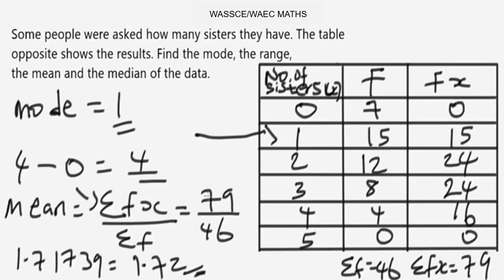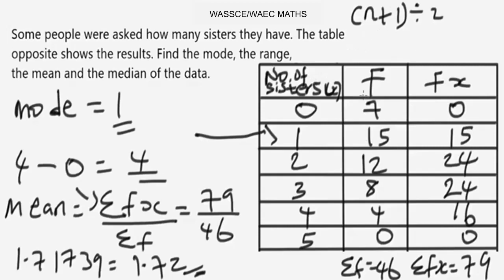Now lastly, for the median. There is a formula you can apply to reduce your stress for the median of a frequency table. Apply this formula to reduce your work: n plus 1 divided by 2, where n is the summation of the frequency, our sigma f.